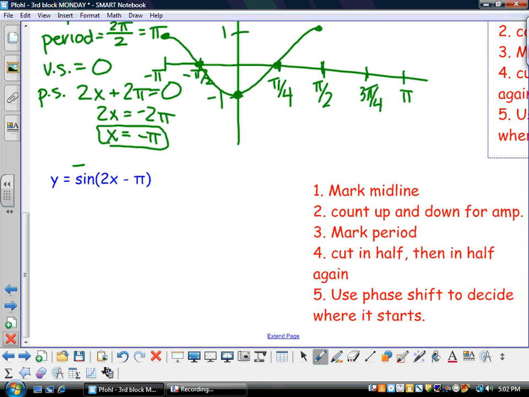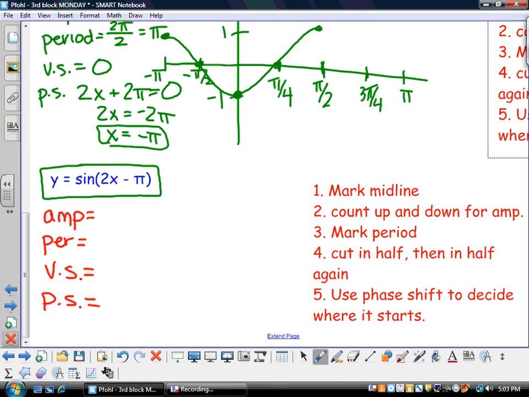Y equals the sine of 2x minus pi. Pause the video for a minute and see if you can figure out what's the amplitude, period, vertical shift, and phase shift for this graph. The amplitude of this graph is 1.